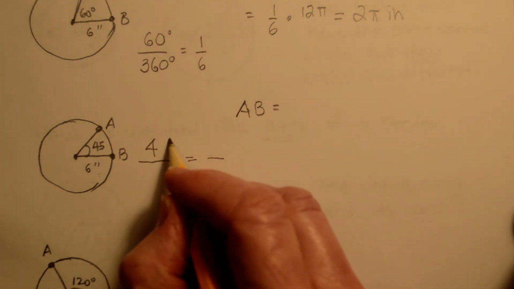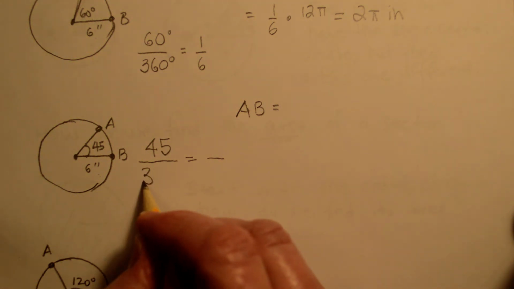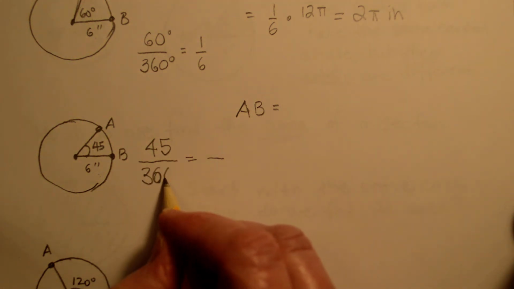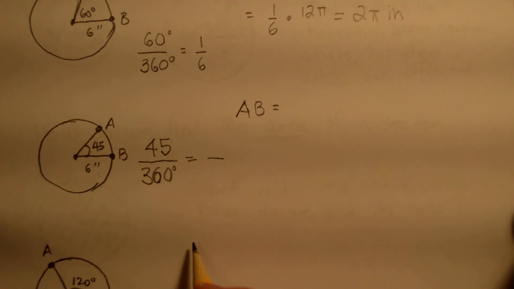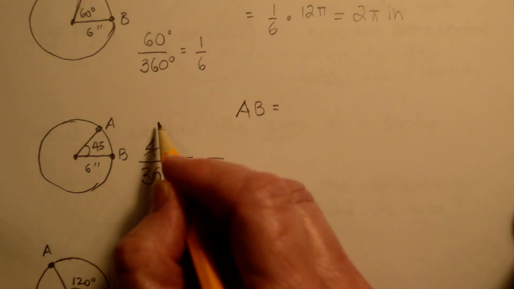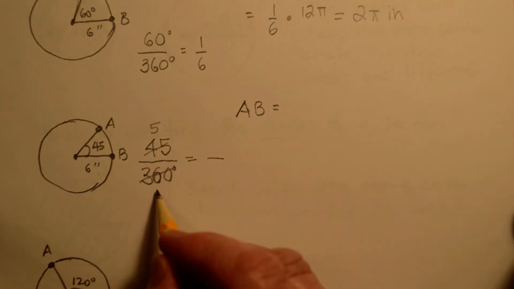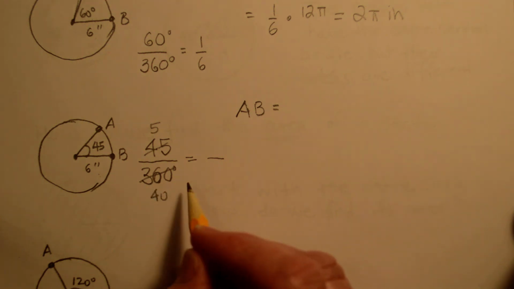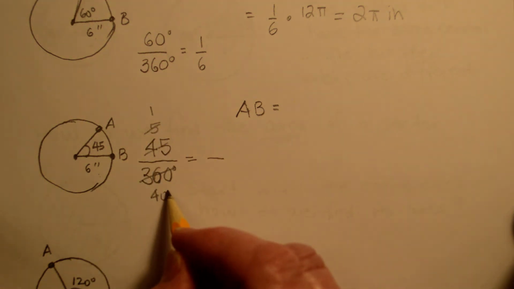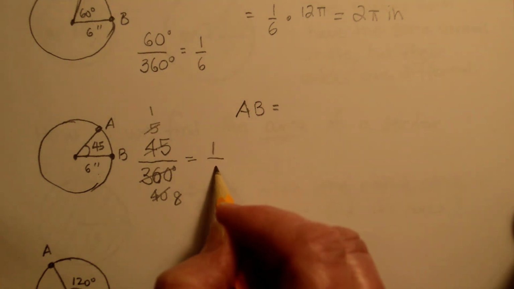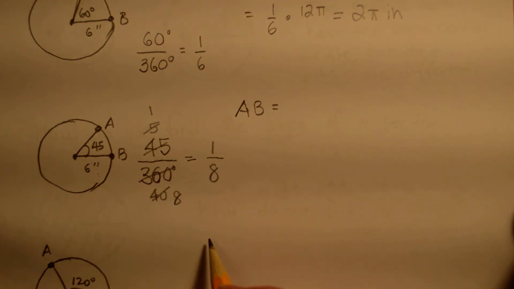All right, so hopefully you realize it's 45 degrees out of the 360 degrees. If we reduce that, 9 goes into 45 5 times, 9 goes into 360 40 times, and then 5 goes into 5 once, and 5 goes into 40 8 times. So we would say it's 1/8.